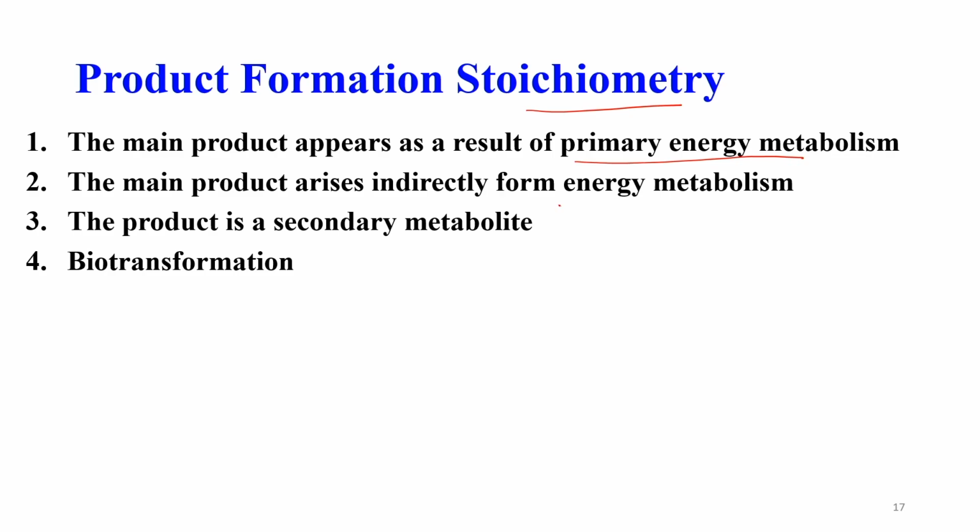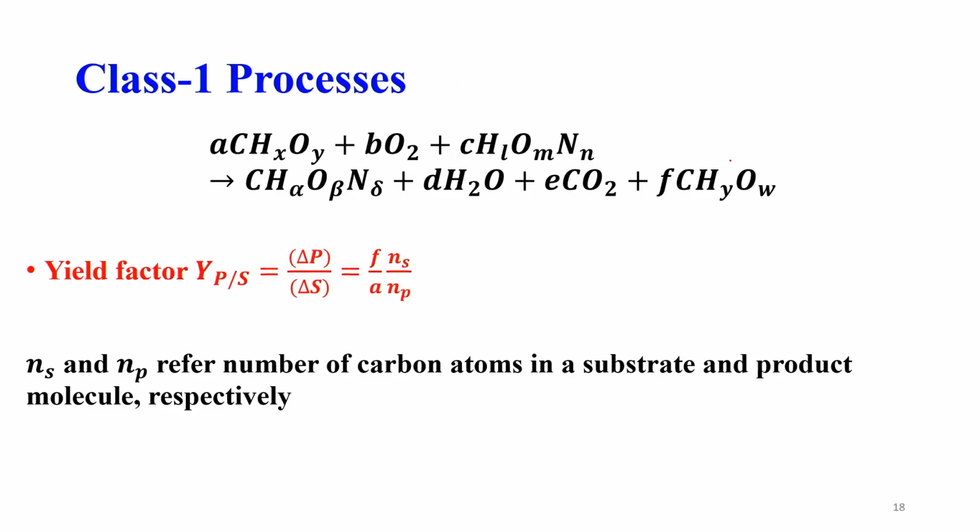Second, the product is indirectly formed from the energy metabolism, meaning directly it is not part of the stoichiometry relation. Another option is that a product may be a secondary metabolite, and the third option is that it is just a biochemical transformation. So, we will discuss the first two classes here. The first class we have already discussed briefly in the last lecture.